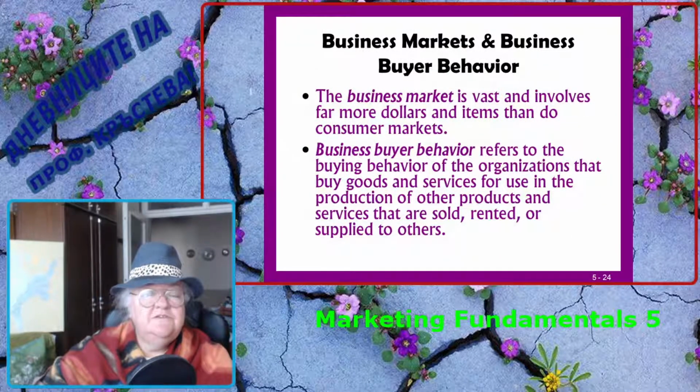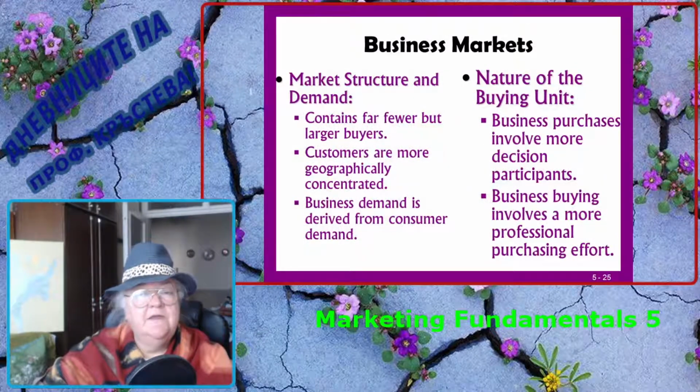Business markets and business buyer behavior are also important. The business market is vast and involves far more dollars and items than consumer markets. Business buyer behavior refers to the buying behavior of the organizations that buy goods or services for use in the production of other products and services that are sold, rented, or supplied to others.